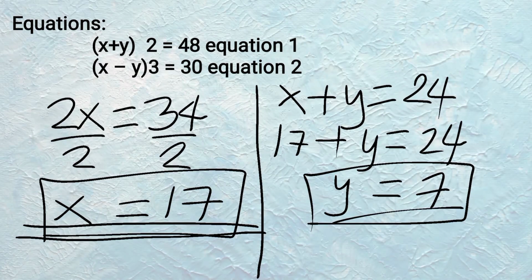So, 17 kph is the rate of the boat in still water.